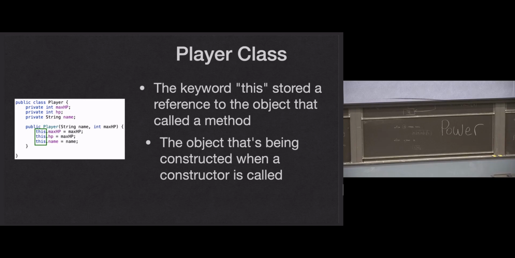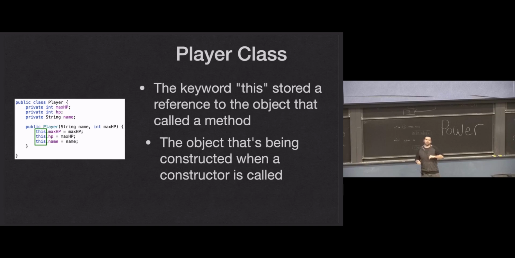This is a keyword that stores a reference to the object that called a method. In the special case of a constructor, this is a reference to the object that is being constructed. So when we call this constructor, we're creating an object on the heap. Like our array list and hash map, we had an object on the heap. We're getting an object on the heap that's stored at some reference.